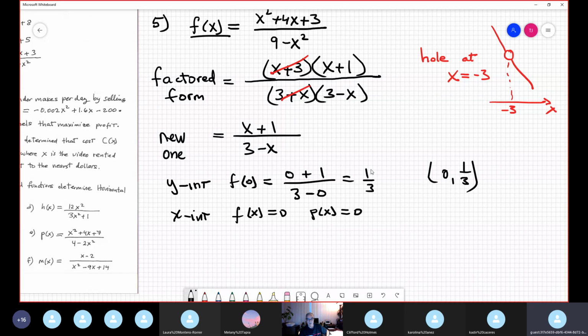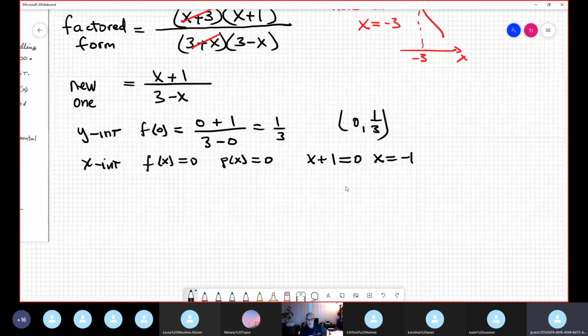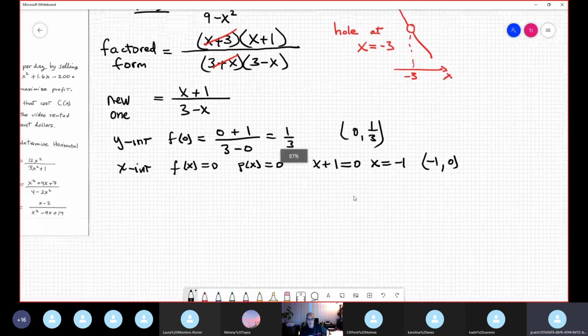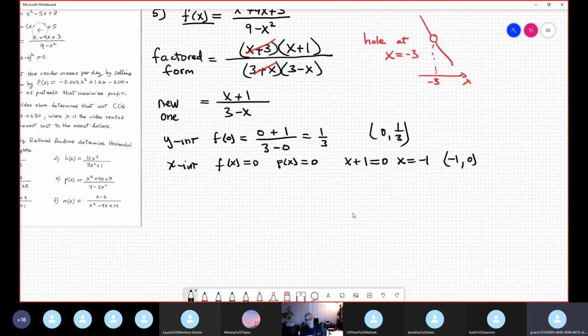I don't care about the bottom part. It's not important. Entonces, x plus 1 equal to 0. It's -1. The point is -1, 0. In this case, you have only 2 points: only one y-intercept and only one x-intercept. And the reason is clear, because the polynomials in the top and the bottom are linear.